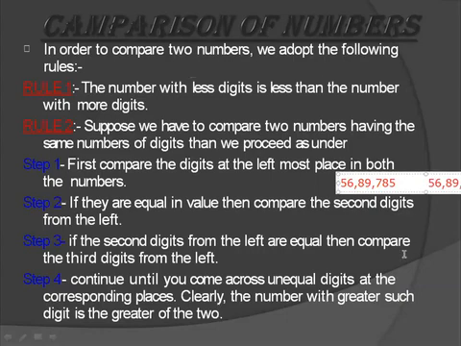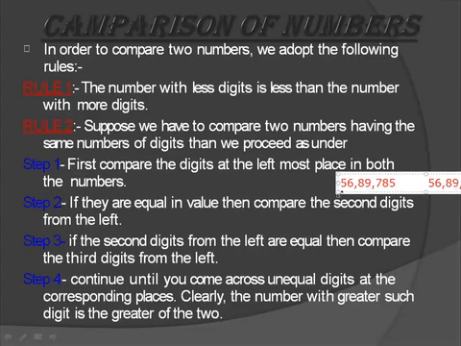Now you see, the first digit here is 5, and here also the first digit is 5, both are the same. When the first digits are the same, you should go to the next digit. Here 6 and again here 6, so the second digit is also the same. Again you should see the third digit. Here 8 is there and again here 8 is there. This is also the same. Again you should go to the next digit. Here 9 is there and again here 9 is there.